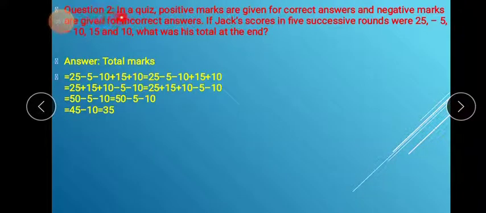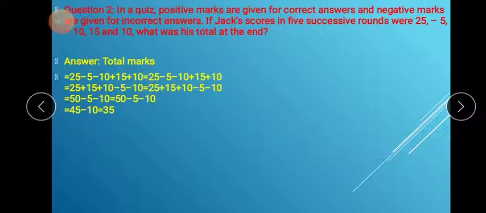Let us see question number 2. In a quiz, positive marks are given for a correct answer and negative marks are given for an incorrect answer. That means in a particular quiz, positive marks were given for a correct answer and minus marks for an incorrect, meaning wrong, answer.